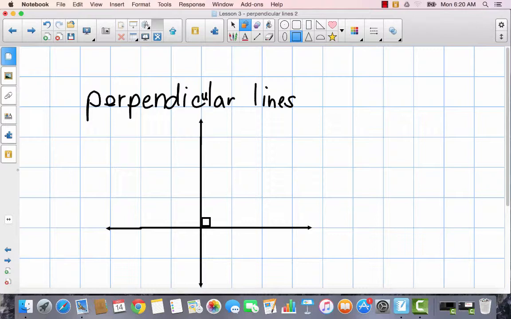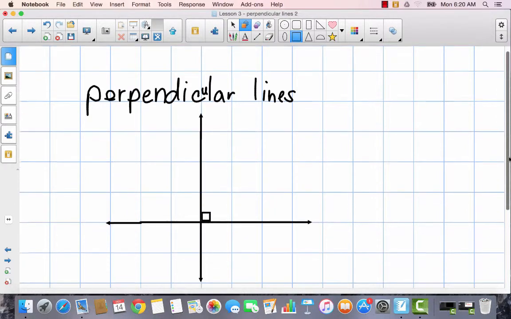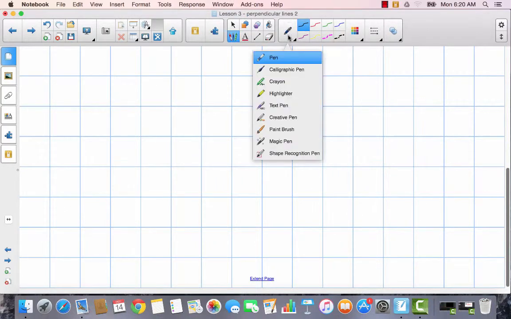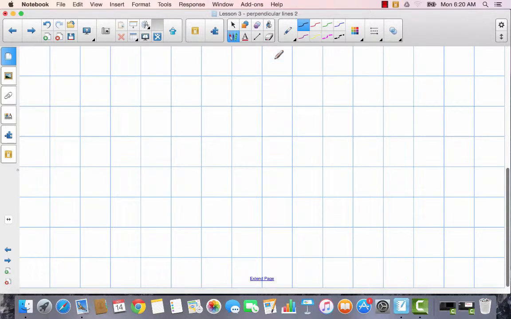Okay, then a little bit further down on your page, I want you to write intersecting lines. Okay, so we're just going to write intersecting.